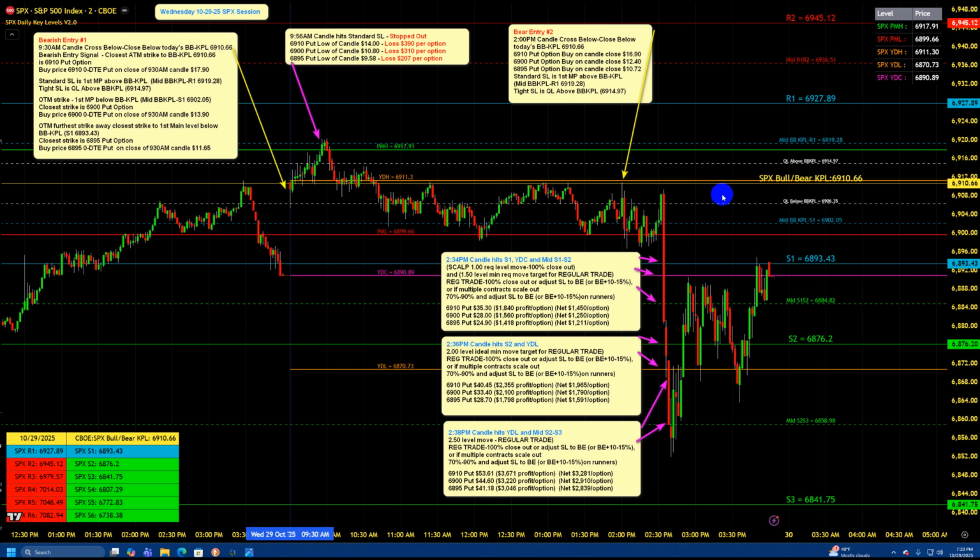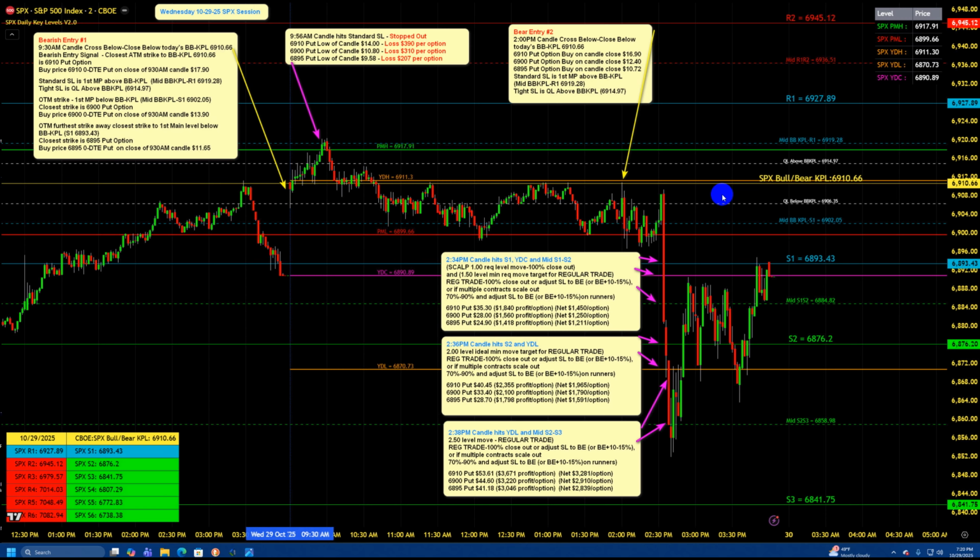Okay, so how do we decide what strikes we're going to use now that we have a bearish entry signal? With this indicator, for any given trade off of any main level, whether it's a bullish or bearish trade, there are always 3 different strikes that you can use.